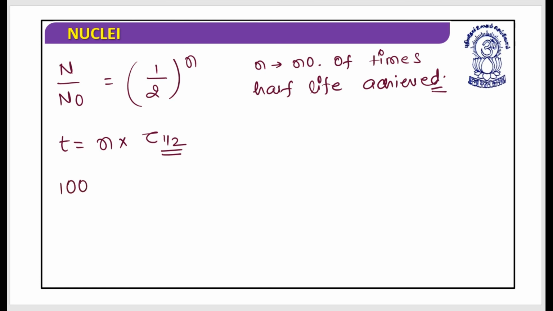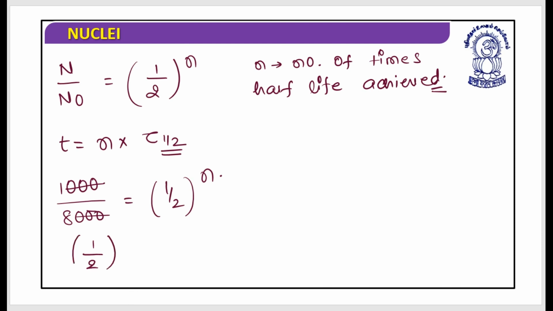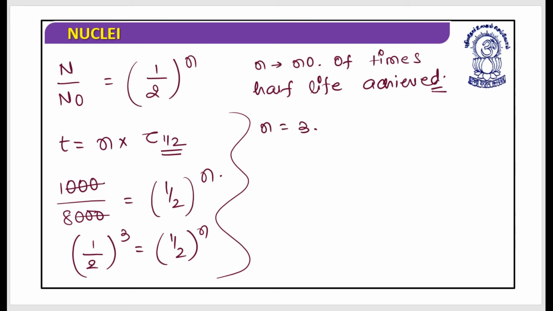N by N naught is 1,000 divided by 8,000, which equals 1 by 2 to the power n. As you can see, this is 1 by 2 to the power 3, so n equals 3. So the total time would be 3 into 5, which is 15 seconds.